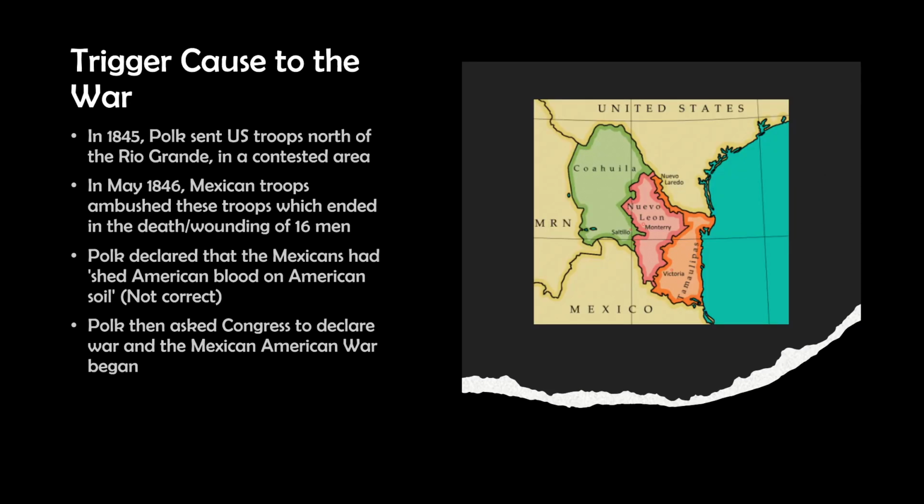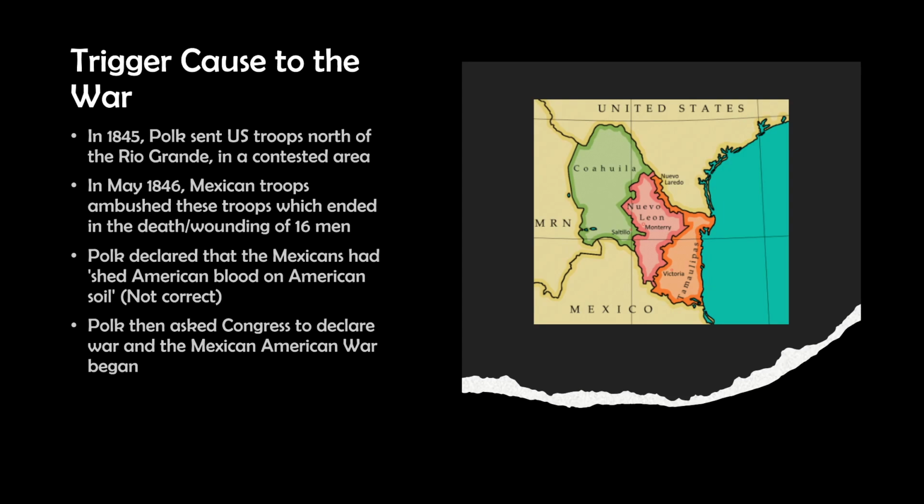Trigger cause. In 1845, Polk sent US troops north of the Rio Grande, into a contested area. In May 1846, Mexican troops ambushed these troops, which ended in the death or wounding of 16 men. Polk famously declared that the Mexicans had, quote, shed American blood on American soil, end quote.